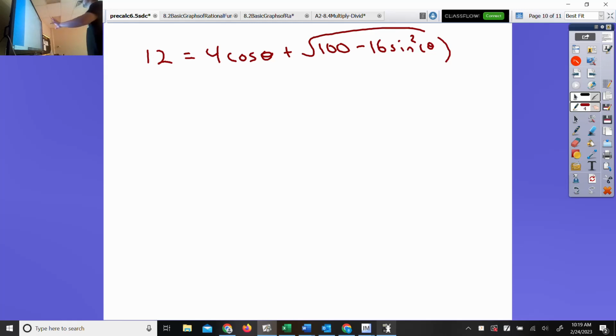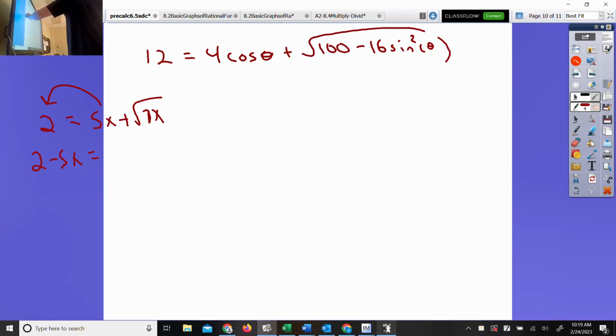So back in Algebra 2, you learned the technique to do this. If you had 2 equals 5x plus root of, I don't know, 7x, what would you try to isolate? We'll do the easy equation here first. Try to isolate the square root. You subtract the 5x. And how do you counteract square rooting? Squaring.